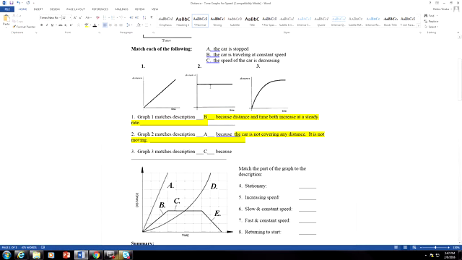And we're going to say that graph B is the speed of a car decreasing, because we have an increase in distance that's fairly slow, and an increase in time that's fairly slow, but then all of a sudden we have hardly any. Look how it hardly goes up there at all. We have hardly any change in distance, but time keeps going on. So this is a car that has its speed decreasing.